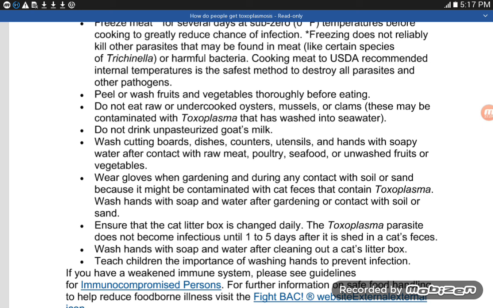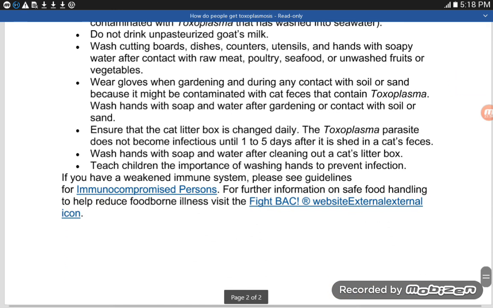Not only adults, children are the main group affected, because they are always playing in the sand, soil, garden, so they are the most risky group, right? So we have to teach the children the importance of washing hands and wearing slippers to prevent the infection.